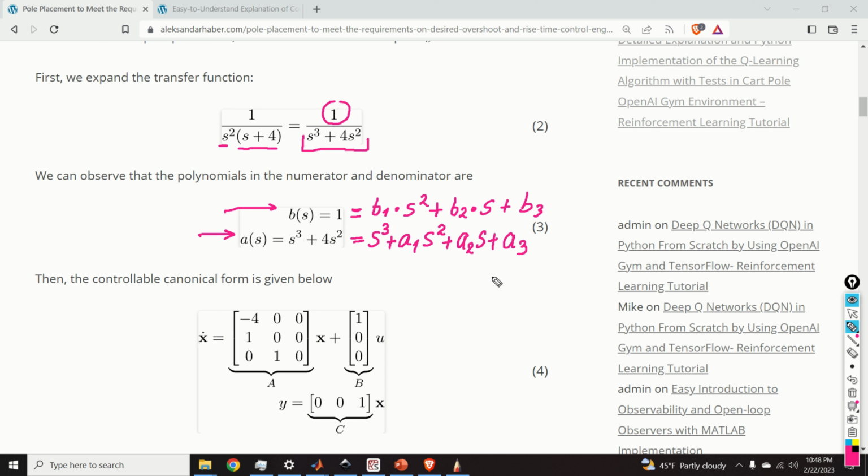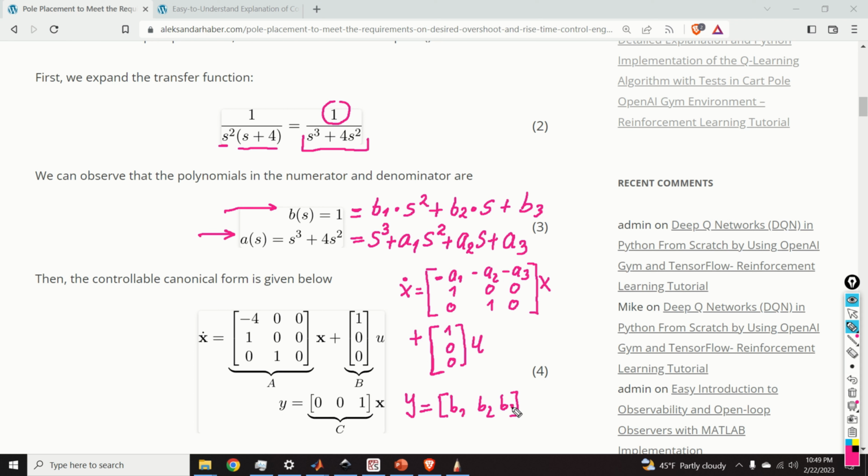The general form of the controllable canonical form is the following. x dot is equal to the matrix with first row minus a1, minus a2, minus a3, then rows 1 0 0 and 0 1 0, multiplying the state, plus the vector 1 0 0 multiplying the input, and the output equation is simply y is equal to b1, b2, b3, and this is our C matrix multiplying x.